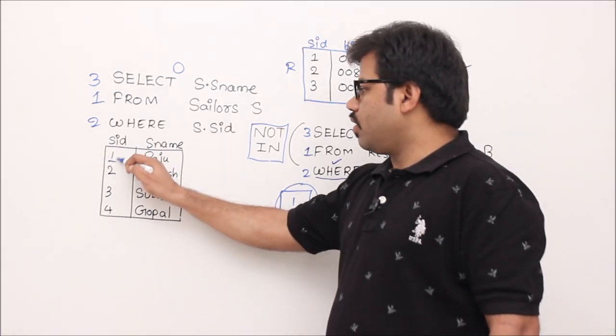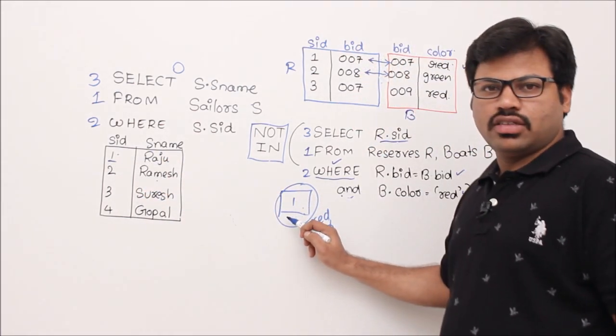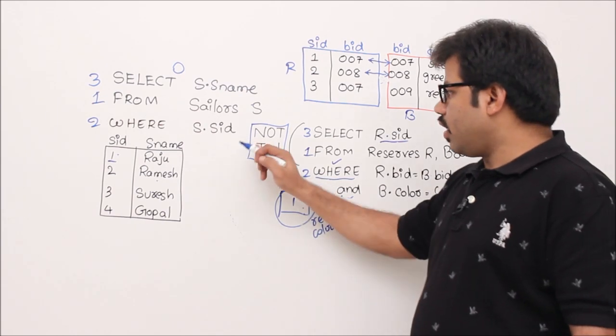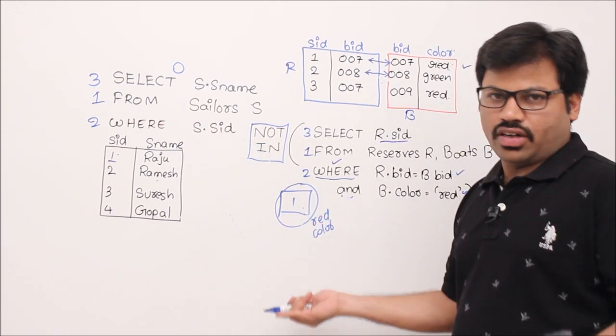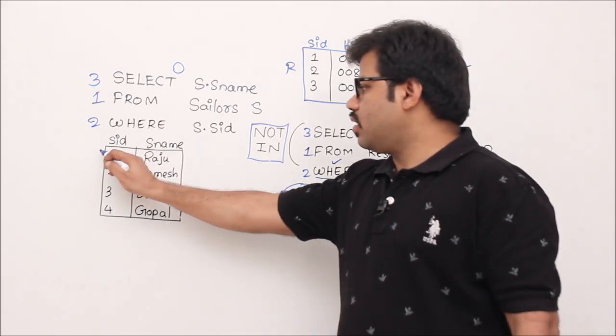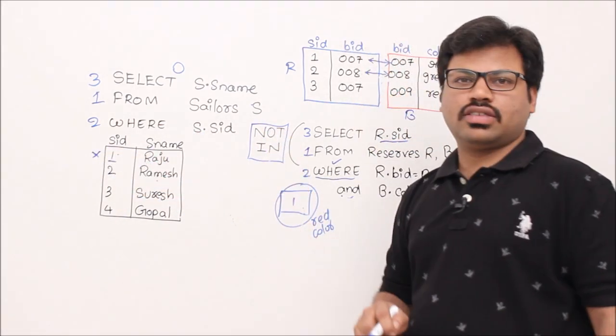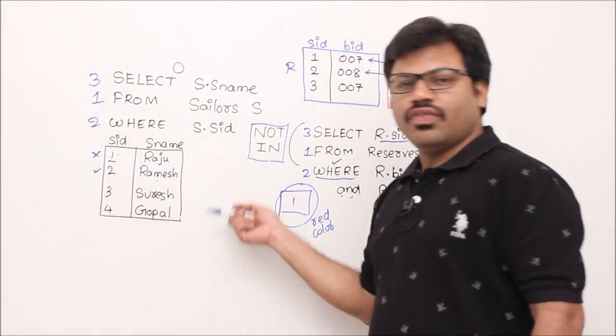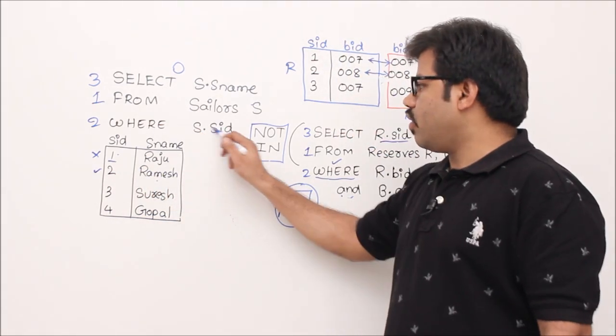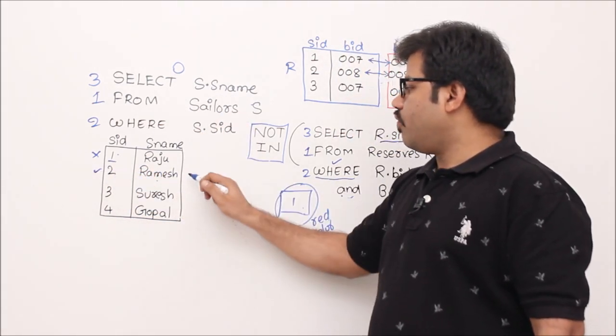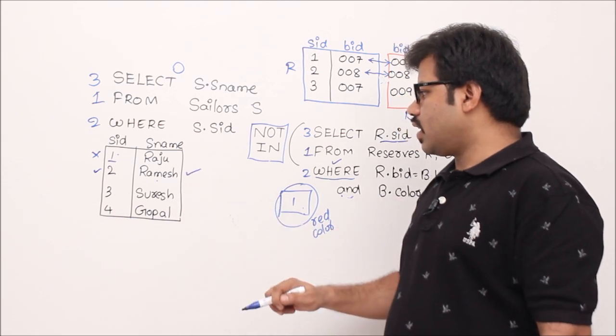So that's for example. See, 1 not in 1 is false, the reason being 1 is in 1, right? So that means don't print this tuple because the where condition is false. Second, 2 not in 1, yes, that's why the where condition will be satisfied, then the corresponding name will be printed. That's why Ramesh will satisfy the condition.